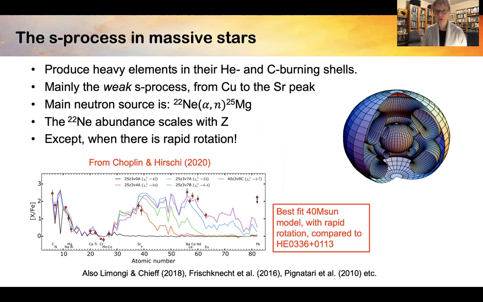Now, I'm not going to go into details, but there's a whole lot of recent papers about rapidly rotating low metallicity massive stars and how they can make s-process. And I have a plot from a paper by Choplin and Hirschi from 2020. And I encourage you to read these references if you want more details.